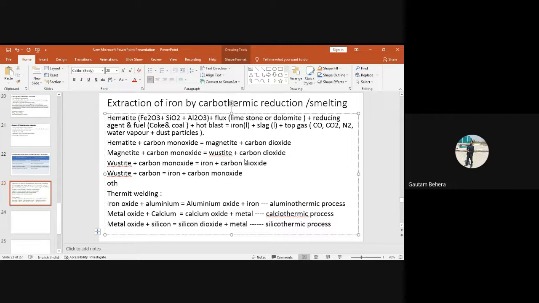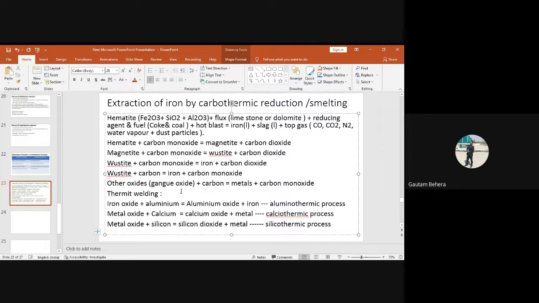And other oxides, if present, basically gangue oxides, which are actually unwanted oxides, gangue oxides plus carbon at high temperature will give you metals plus carbon monoxide.